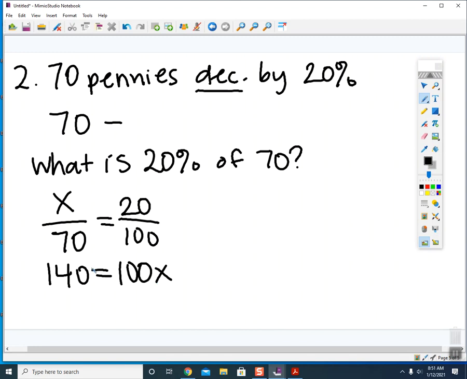Oh, it's going to be 1400. That's where my problem is. 1400. There we go. Then I'm going to divide both sides by 100. And so that'll give me x equals 14.